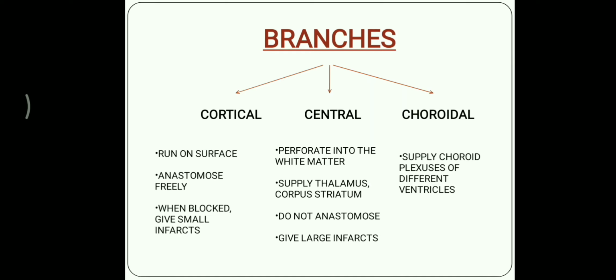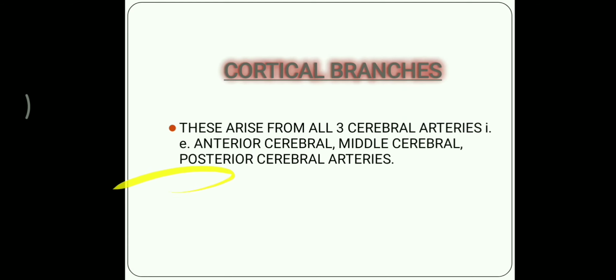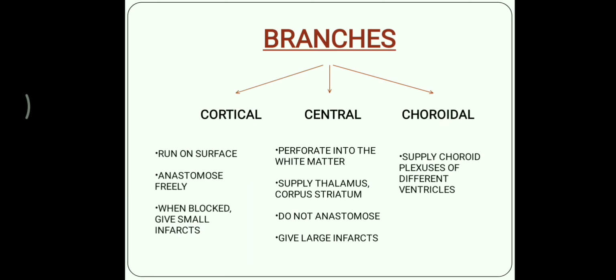The cortical branches are those which run on the surface of the cerebrum and anastomose freely, and when these arteries get blocked, they give rise to small infarcts. Infarct means damage or death of the brain tissue due to lack of blood supply.